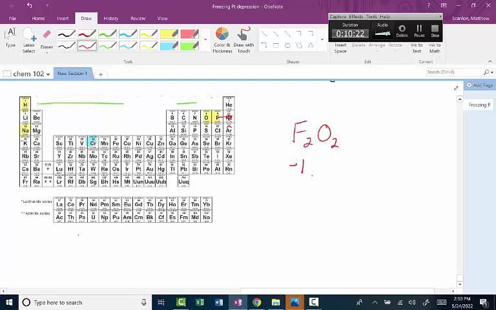That means since there are 2 of them, each oxygen must be plus 1, adding up to 0. So there's an example of oxygen not being minus. So fluorine is minus 1 and oxygen is plus 1. Okay, there you have it.